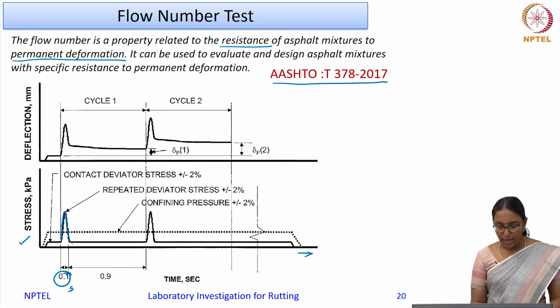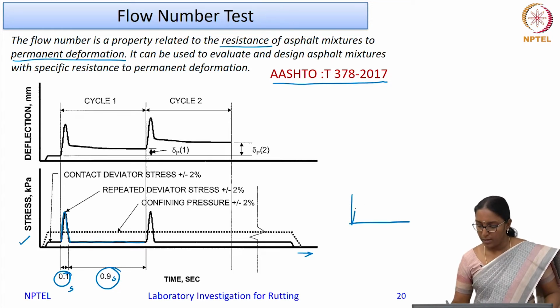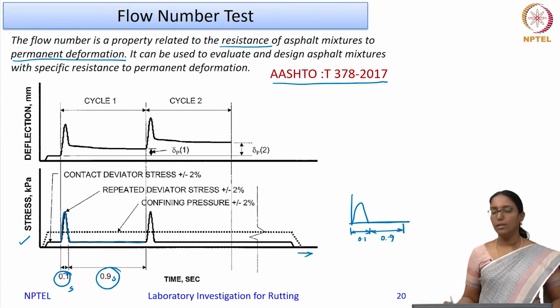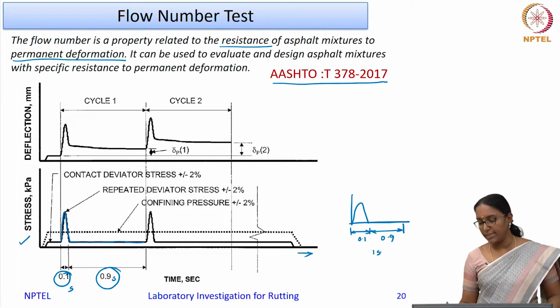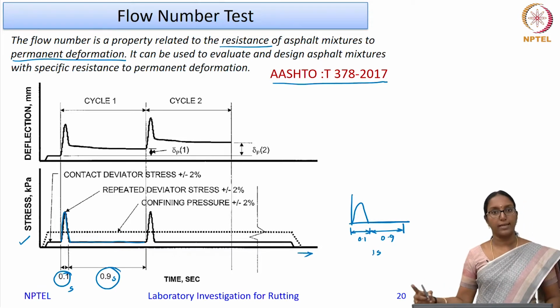Then you give a rest period, that is zero loading, for 0.9 seconds. This is one cycle: a 0.1 second loading and a 0.9 second rest period. This forms one cycle, or 1 second. So, your frequency will be 1 hertz, or 1 cycle per second.